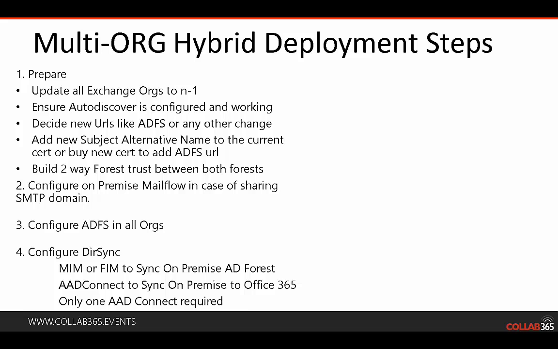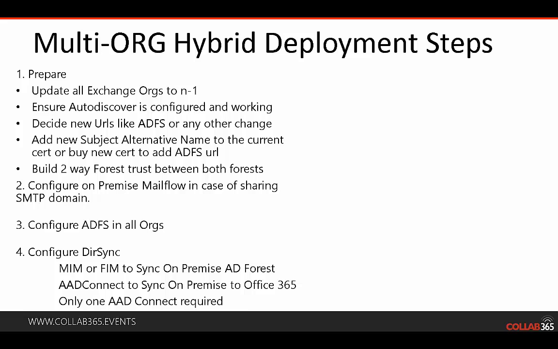Ensure Autodiscover is configured and working. Decide new URLs like ADFS or any other changes in the URL or SMTP URL. Then add new SANs to the current certificate, or you have to buy a new certificate. Decide and buy. That's the preparation. Build a two-way forest trust between both the forests.